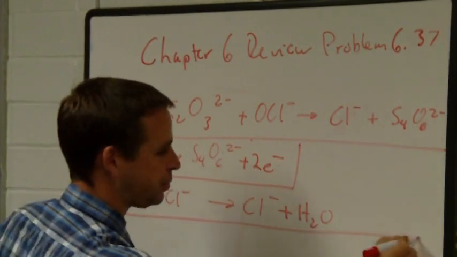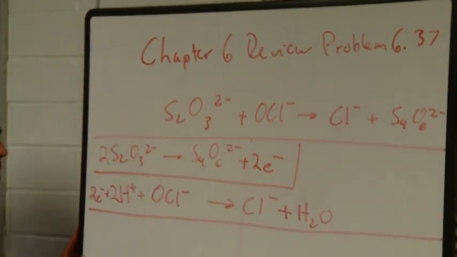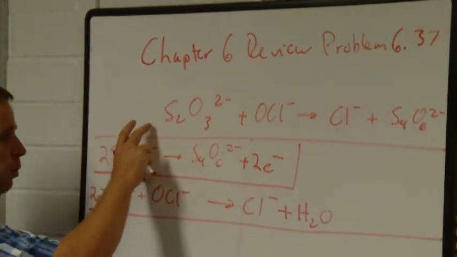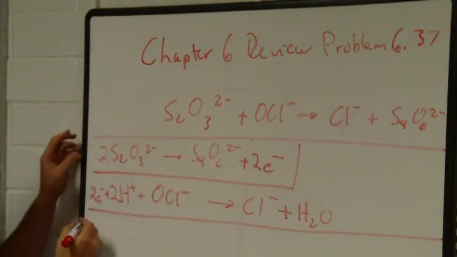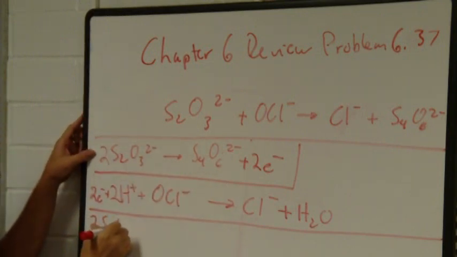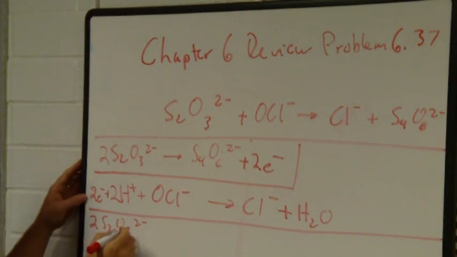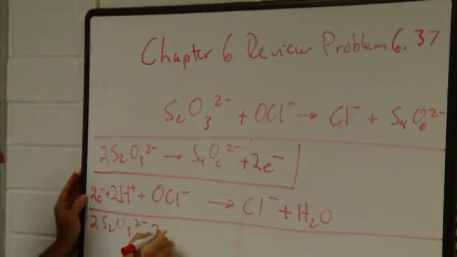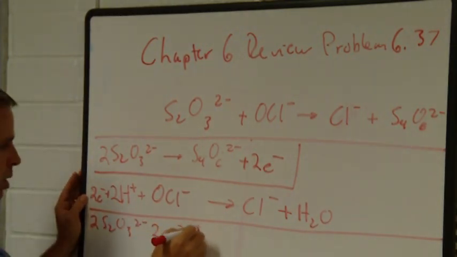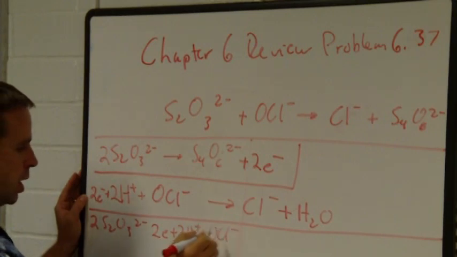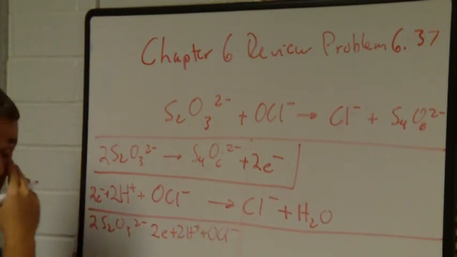Now to finish the reaction here, we take the first half reaction, add it to the second one: 2 S2O3 2-, 2 electrons, 2 H+, and OCl-, all right, hypochlorite ion.